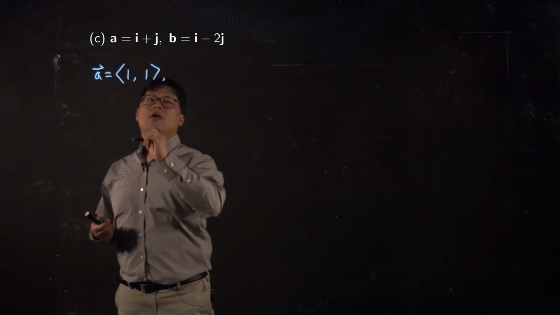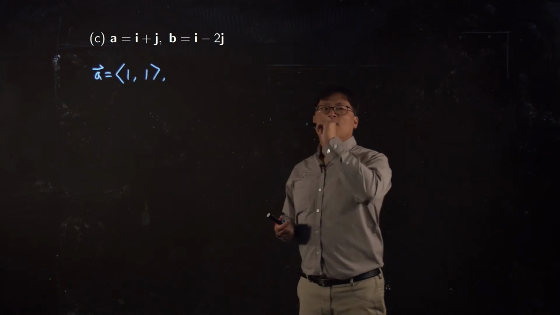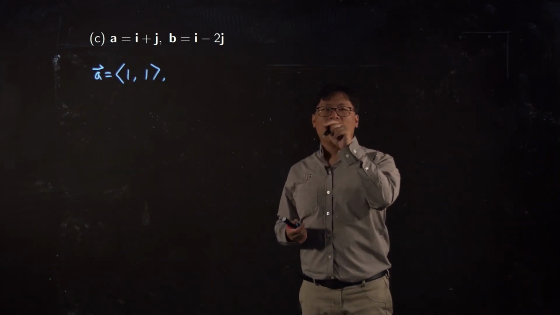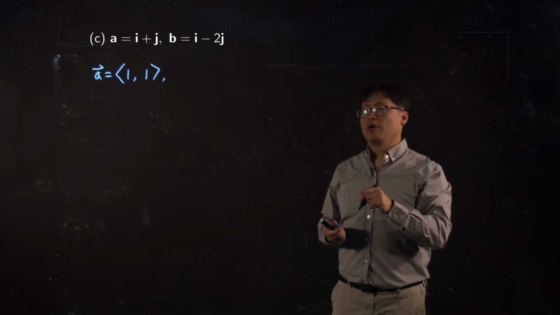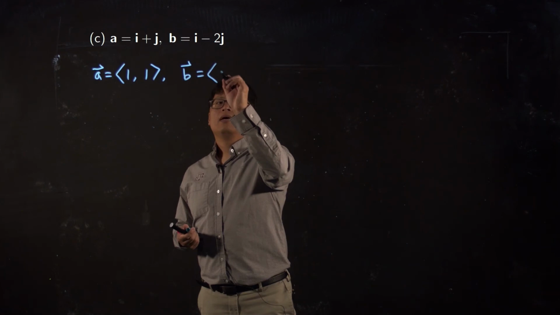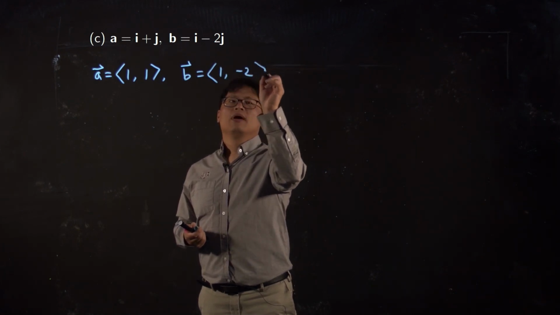What about B? Same thing. For vector B, the coefficient of i is 1 and the coefficient of j is -2. So vector B can be written in component form as well.